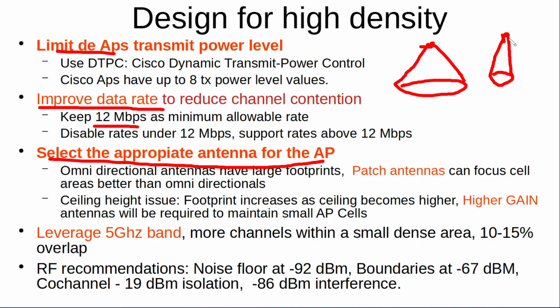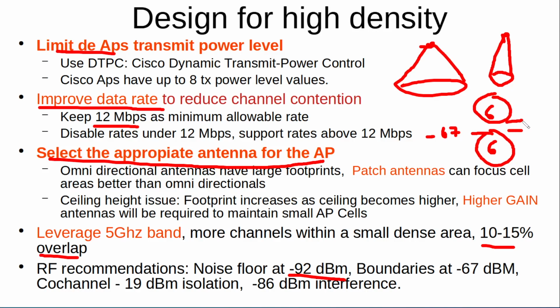Leverage the 5 GHz band, which will offer you more channels. Maintain a 10 to 15% overlap between cells. The radio frequency recommendations are having a noise floor of no lower than minus 92 dBm. If you are using cells that have the same channel, calculate the boundary at minus 67 dBm.